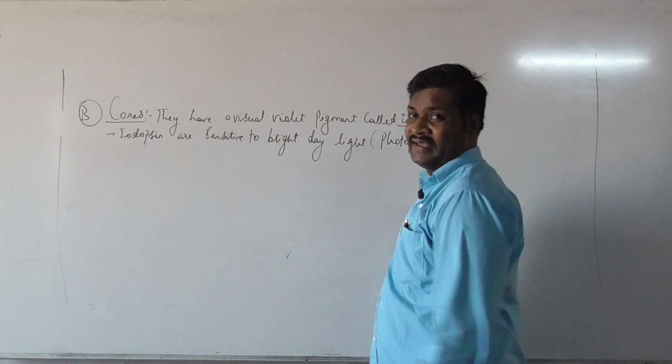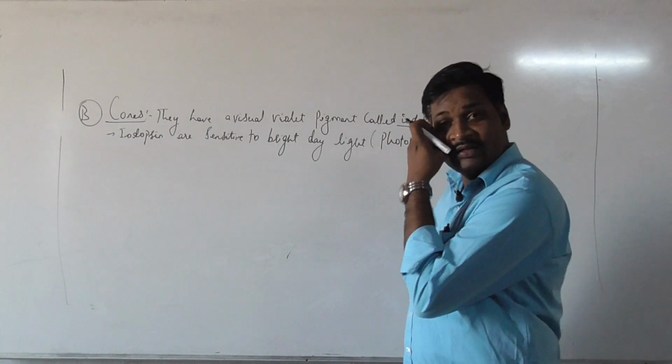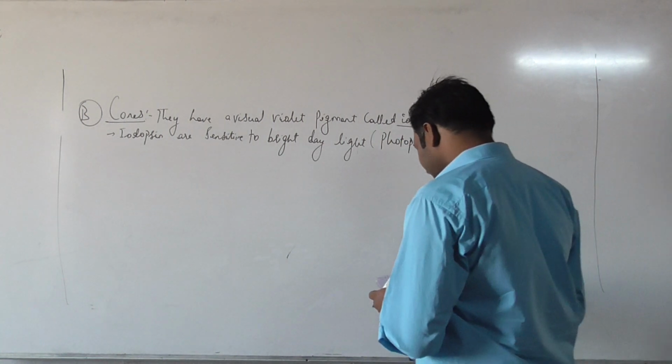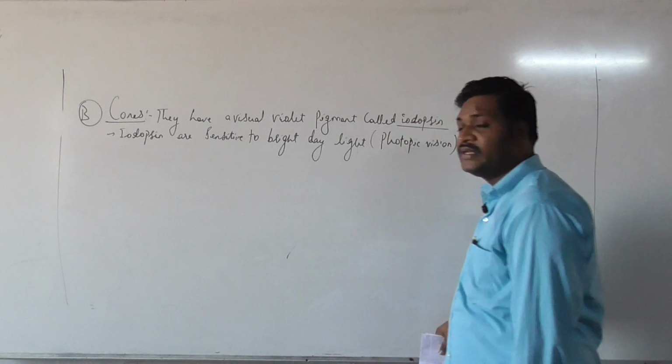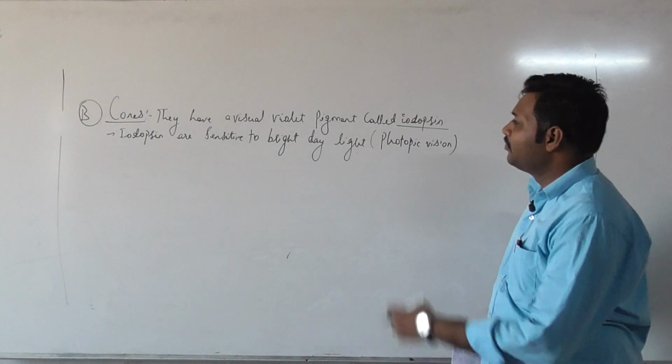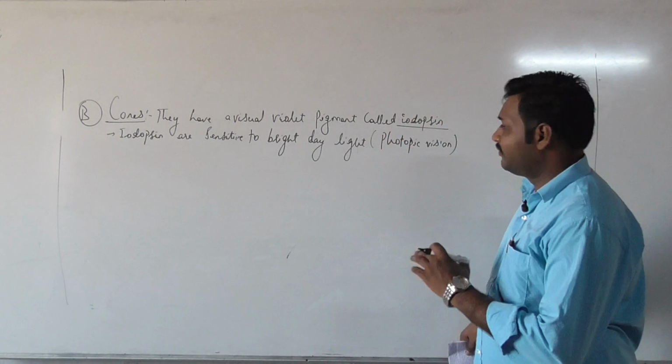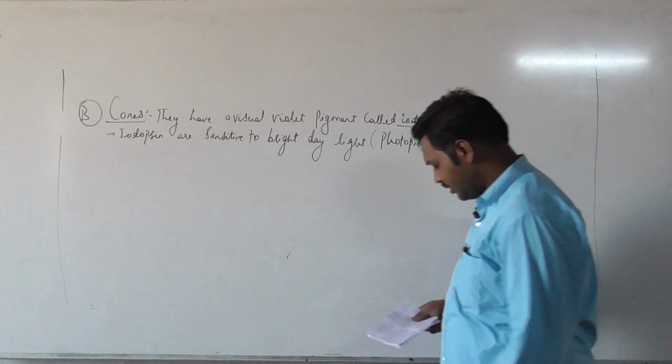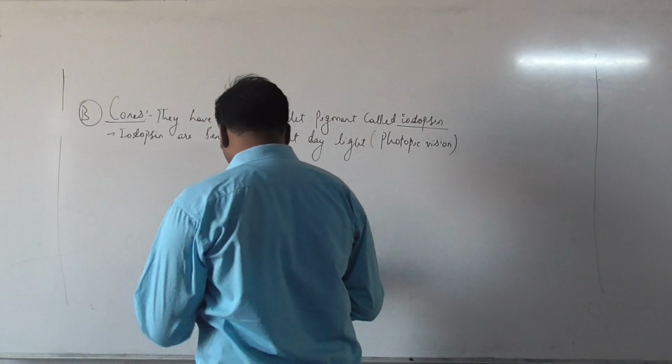So in rods we have seen the vision is in dim light, and in the case of bright daylight we have photopic vision. So this is what about the cones.